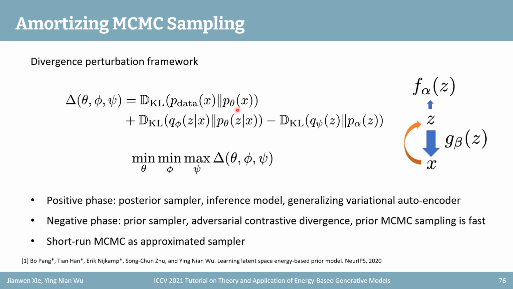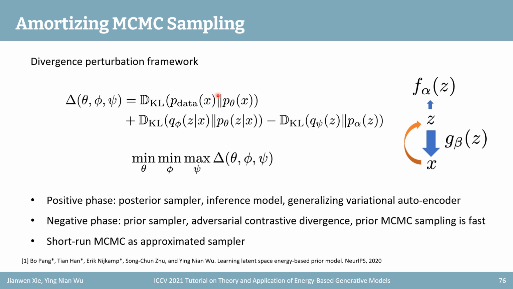The first divergence underlies the maximum likelihood learning, and then you perturb it positively by the second KL divergence, which is between an approximate encoder or inference model, like in VAE, and the true posterior distribution. Okay, so if you add this term, you actually get the variational autoencoder.